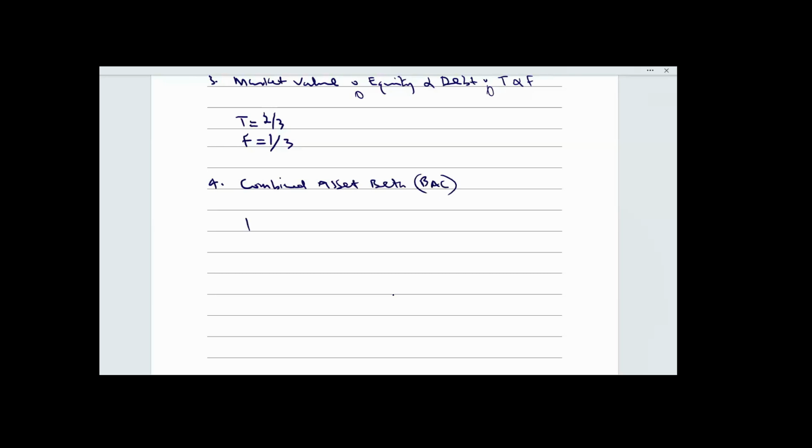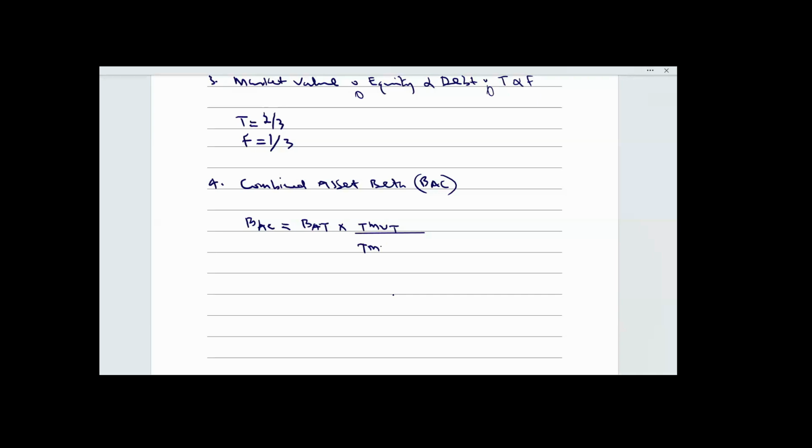All right. So the combined asset beta will be calculated as beta assets of training multiplied by total market value of equity and debt of training divided by total market value of equity and debts.